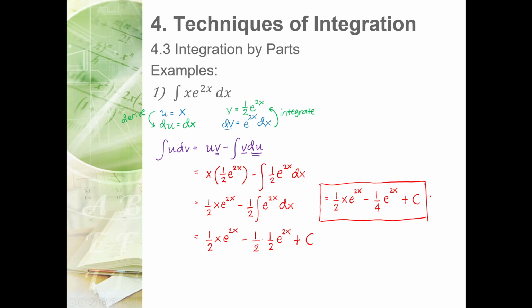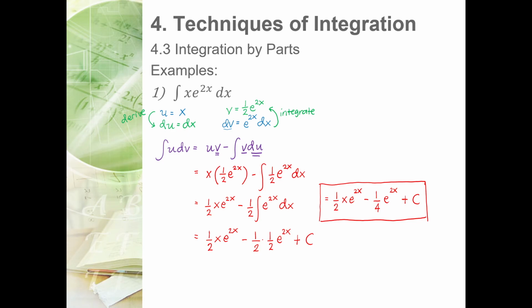Okay, so do you have questions for the first example? Most likely the procedure for integration by parts will be repetitive, because you'll be declaring u and dv in the terms first, then integrating dv, then deriving u, and then following the format of the formula.